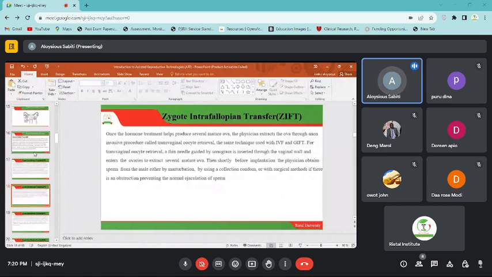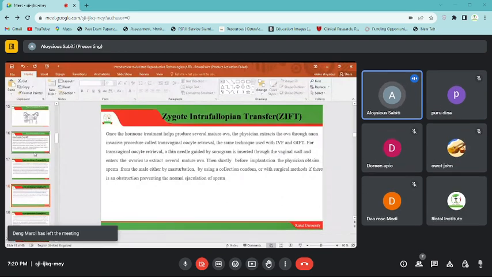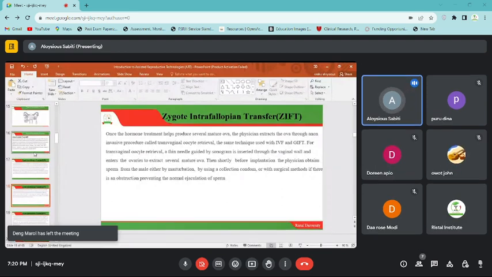For this transvaginal oocyte retrieval, a thin needle guided by a sonogram is inserted through the vaginal wall and enters the ovaries to extract several mature ova. This particular needle, guided by a sonogram, acts like a pipette, where you're able to extract these mature ova.